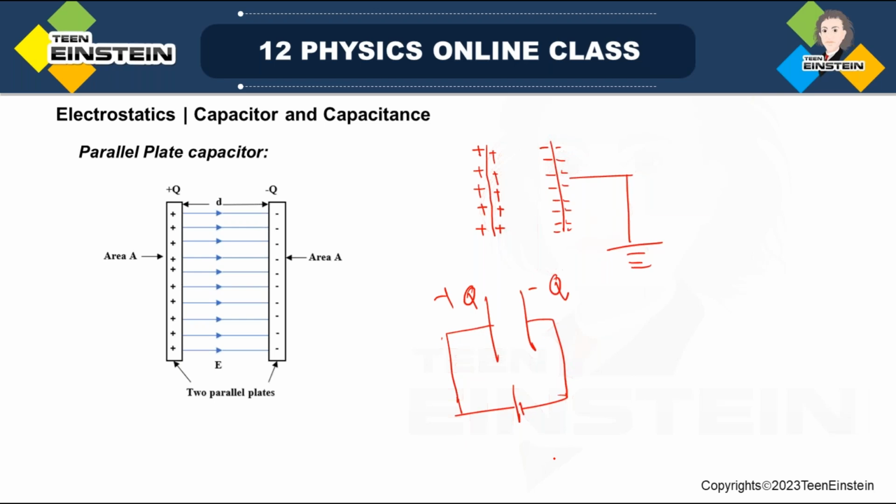So in a parallel plate capacitor there are two identical conductors or conducting plates separated by a very small distance. That is actually a parallel plate capacitor.